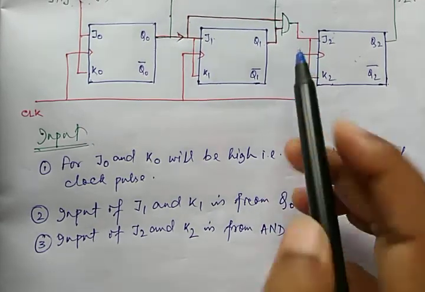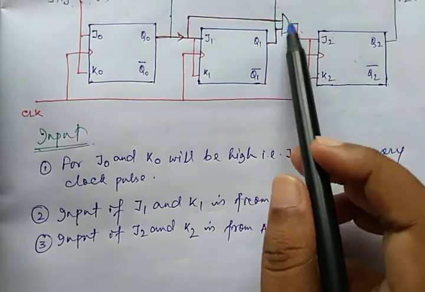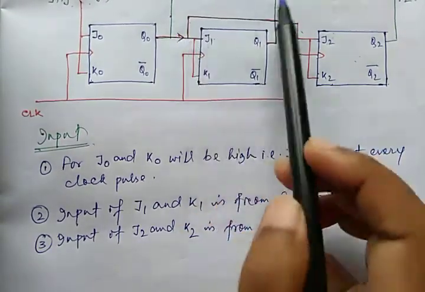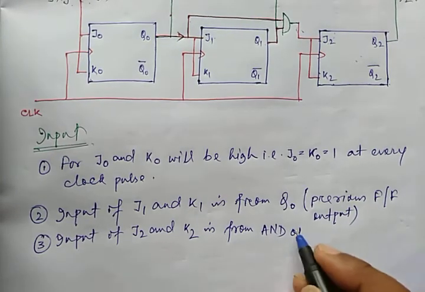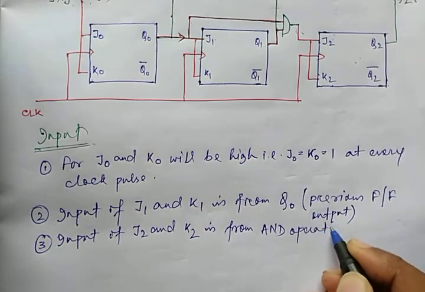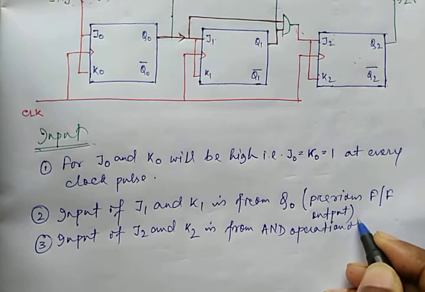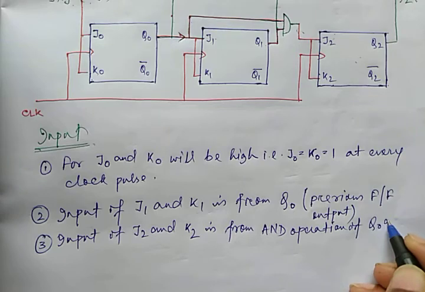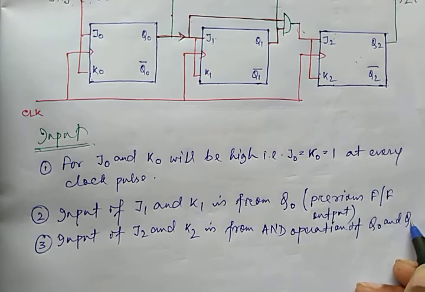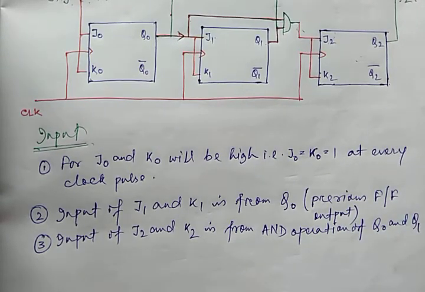You can see the input of J2 K2 is the AND operation of Q0 and Q1. So this will be our input for every flip-flop.